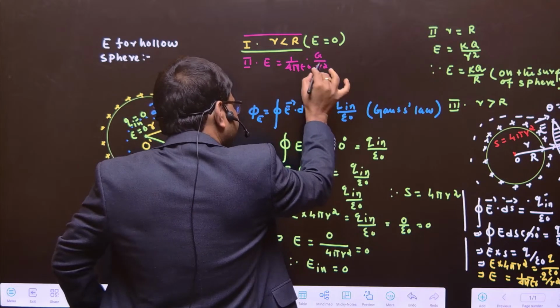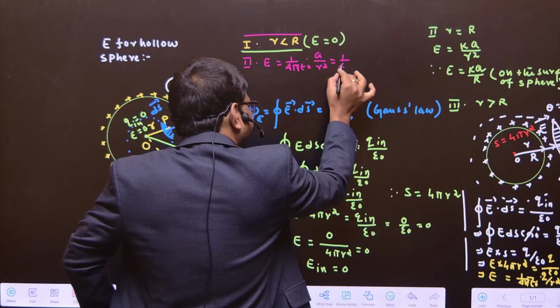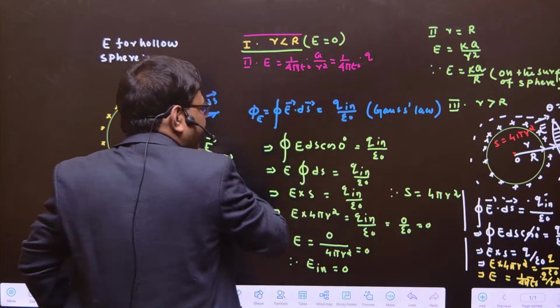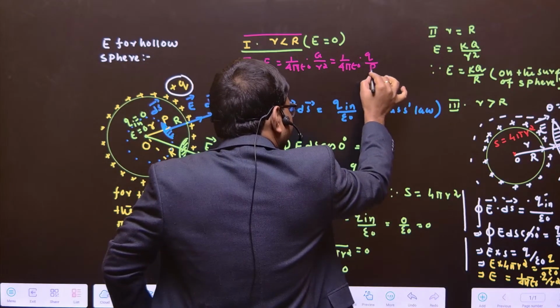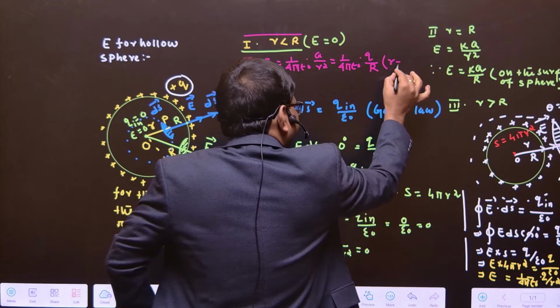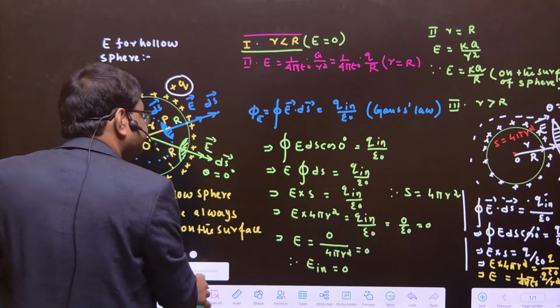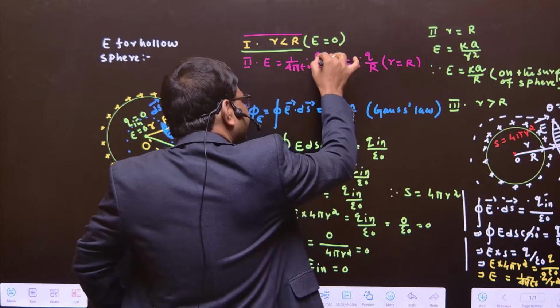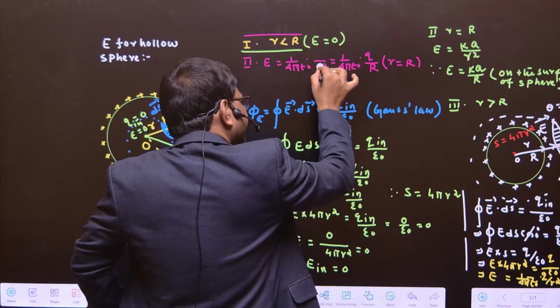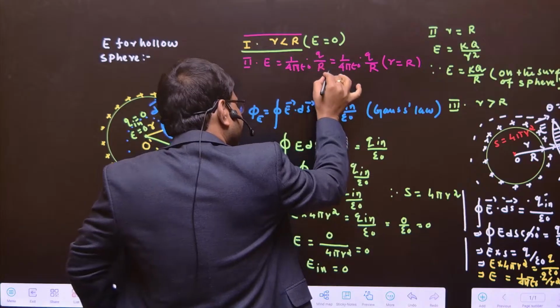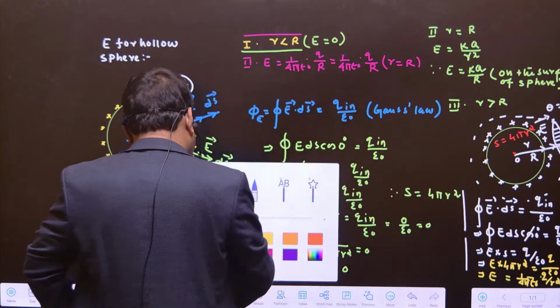Here small r, and here capital R. Condition is r is equal to R. Any problem to understand, students?